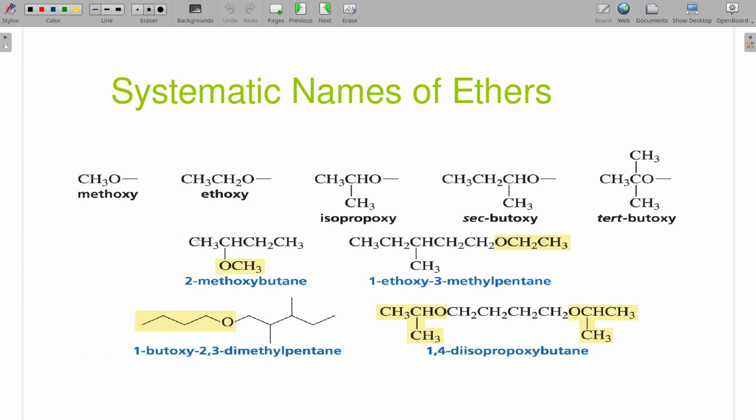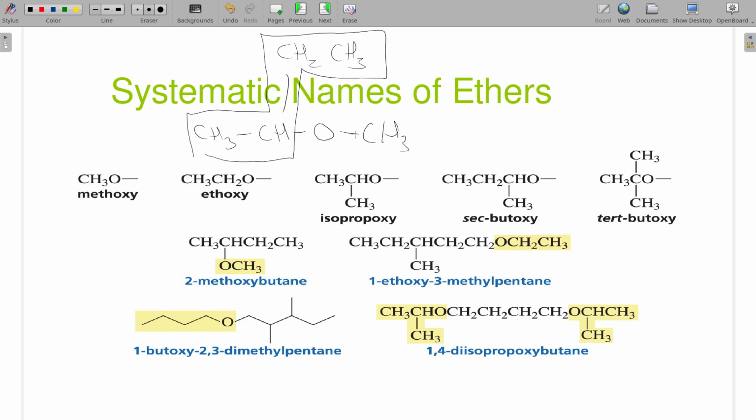So even though I got this thing right here, and you might see it actually written to look something like where they're drawing attention to the O, and then we just branch up here and do these other 2 carbons. And that looks like an ether. But when we name ethers, the ether never takes priority over the backbone.